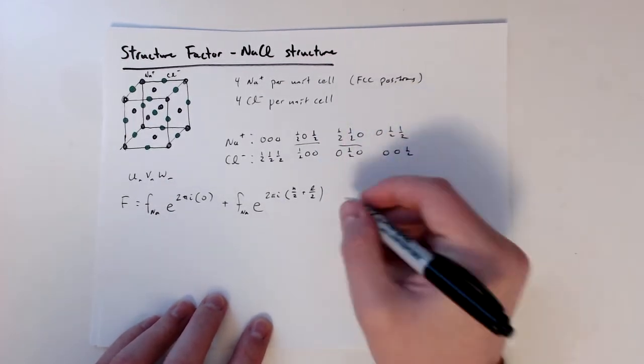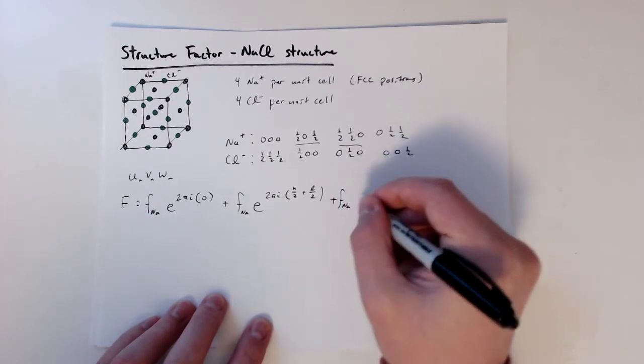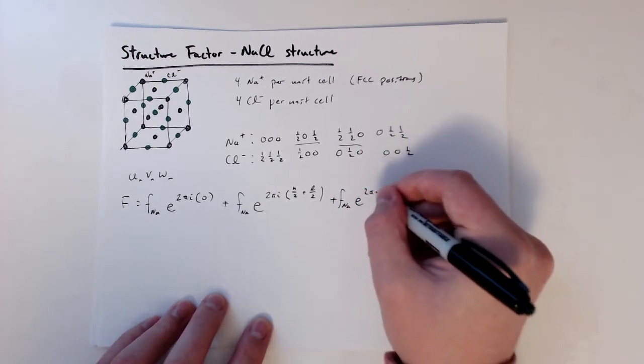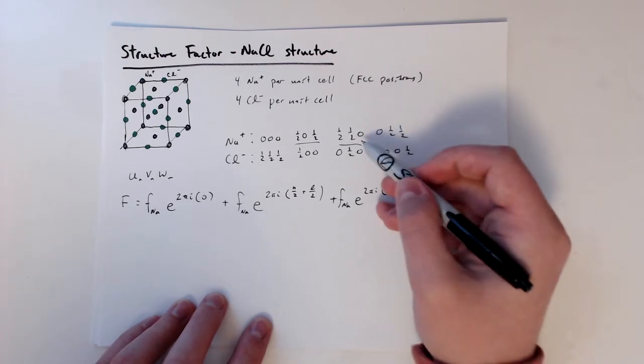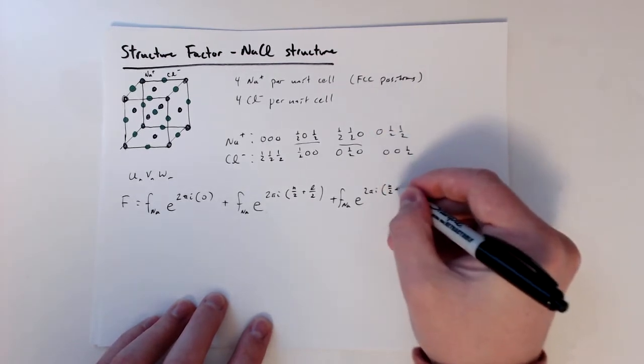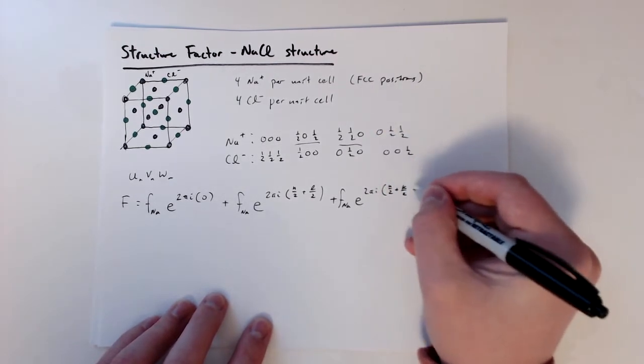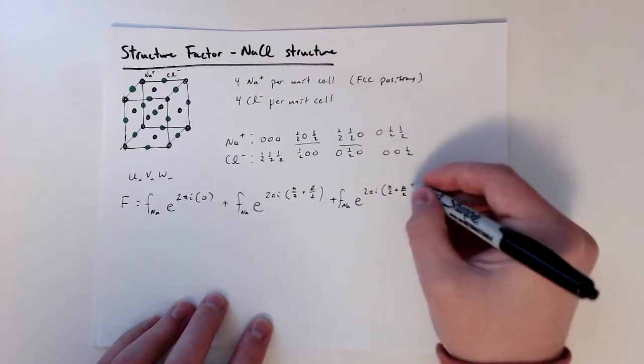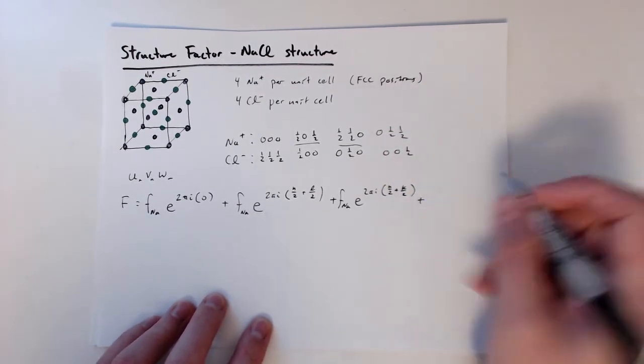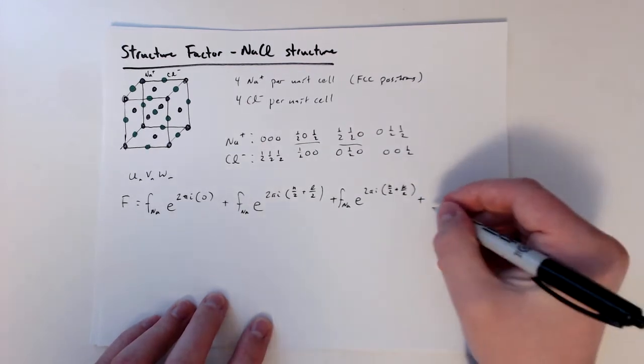So then if I move on to the next one here, it'll be h over 2 plus k over 2, and then the l term will be 0. And then I've got one more term.